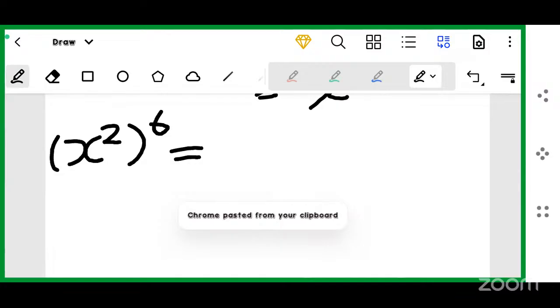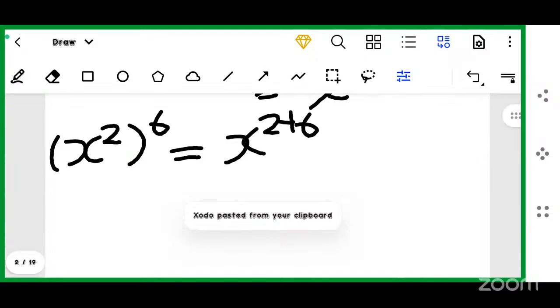We are going to say x to the power of 2 plus 6. Do you remember the rules? Times 6. Oh, okay, perfect.